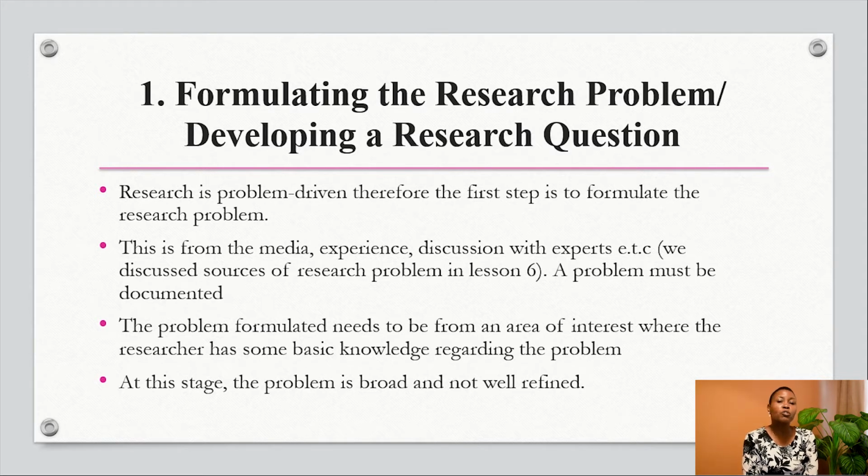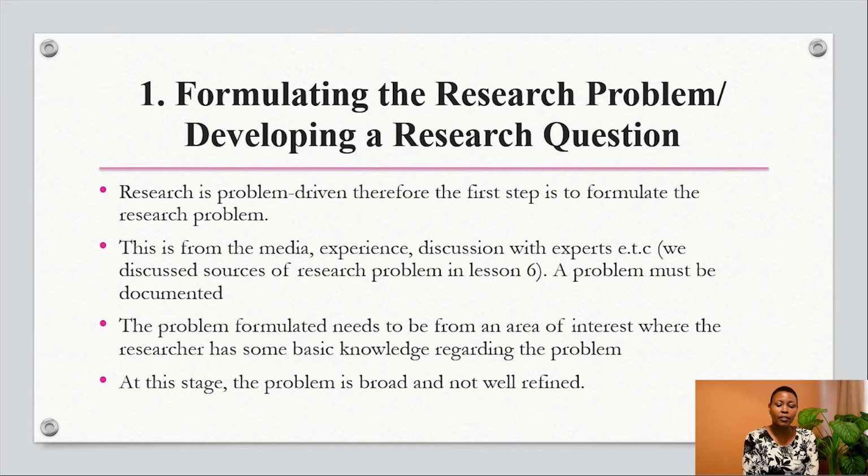So even as we talk about experience as one of the sources of a research problem, we must be careful to move it to a level where we can have data regarding the problem or the problem is documented. So in this process, the problem that will be formulated needs to be from an area of interest where the researcher has some basic knowledge regarding the problem.